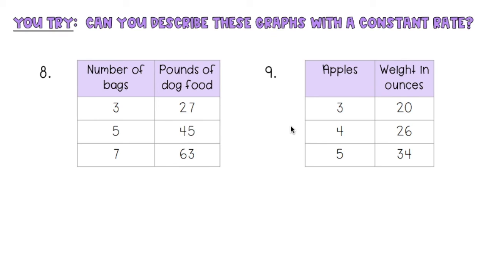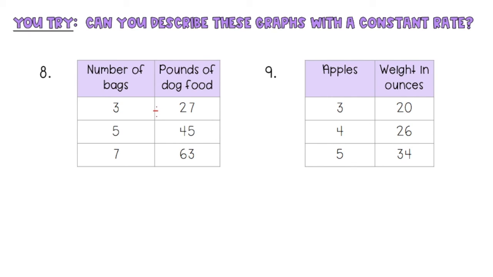Can you describe these graphs with a constant rate? Let's look at number 8, the number of bags compared to the pounds of dog food. So if you have 3 bags, that's 27 pounds, 5 bags, 45 pounds, and 7 bags is 63 pounds.